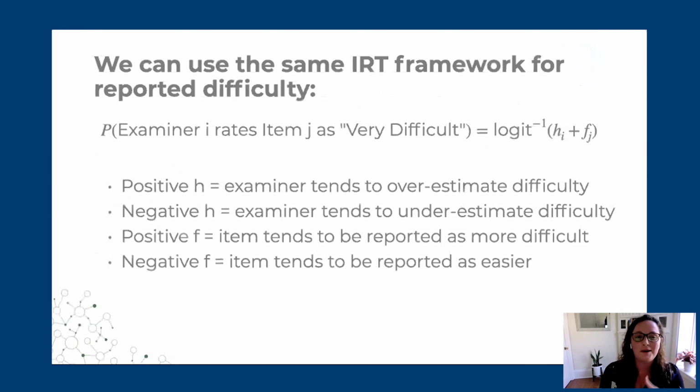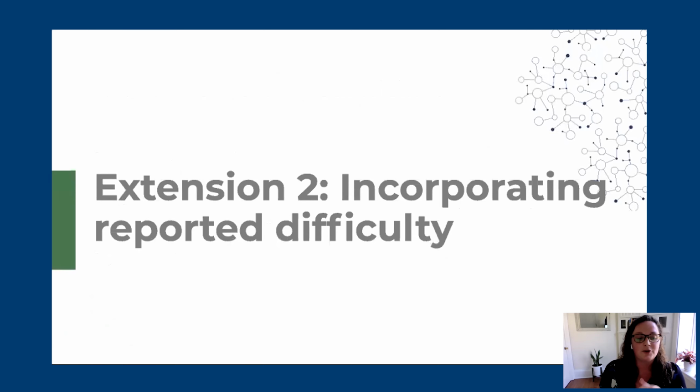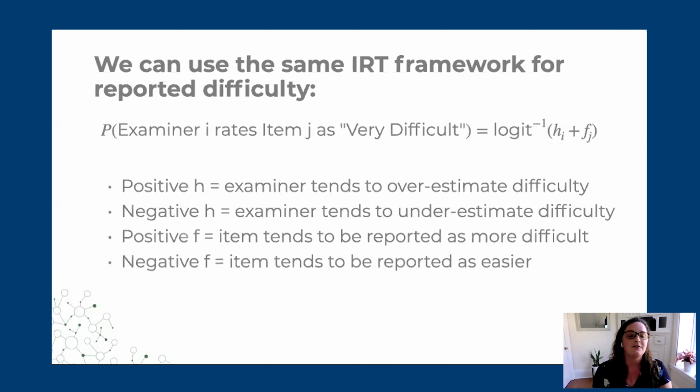If you remember all the way back when we talked about an example question in the black box study, the last thing that examiners reported was a reported difficulty on a 5-point scale for each item. And so we can use the same IRT framework to also model this reported difficulty. For the probability that examiner I rates item J as very difficult, we can use a logistic regression model.